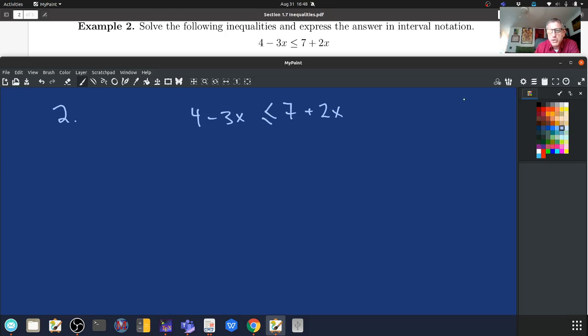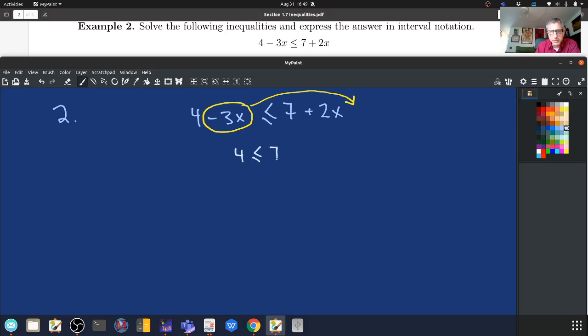You always choose to move the one over so that the resulting inequality will have a positive value of the coefficient of x. So I'm going to move it over.